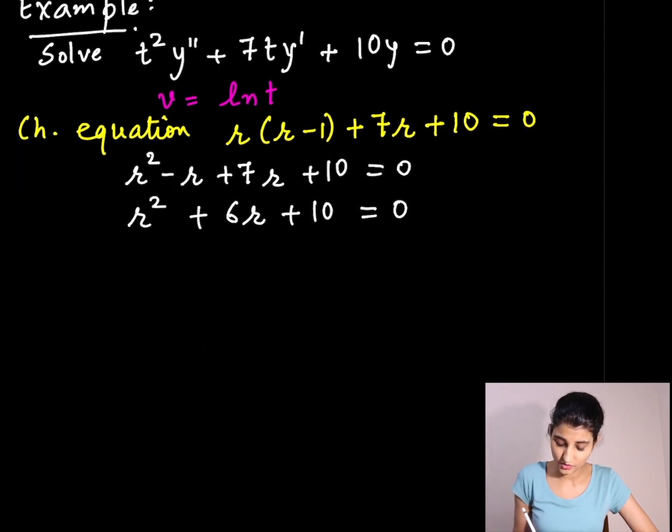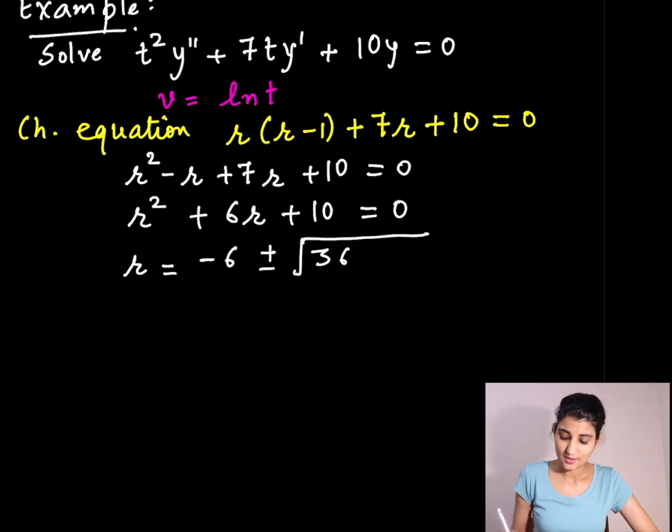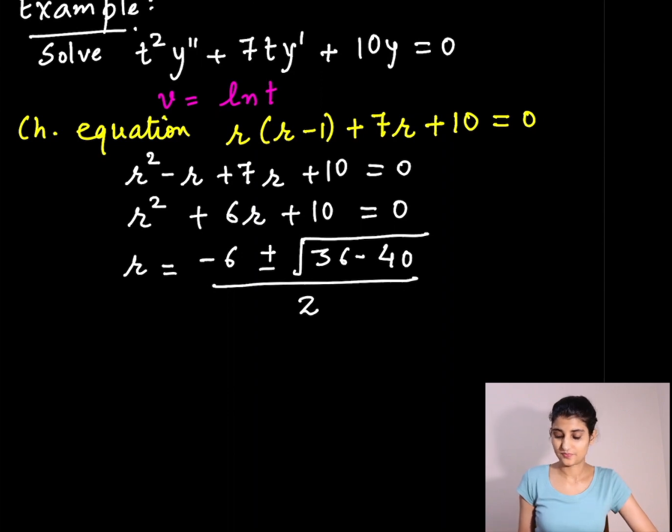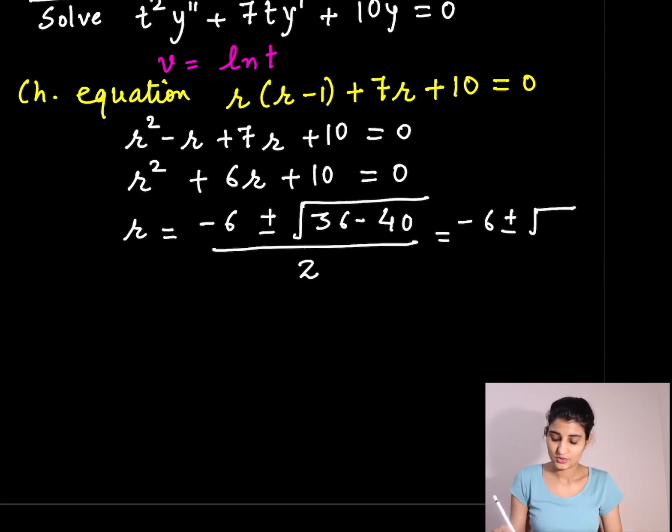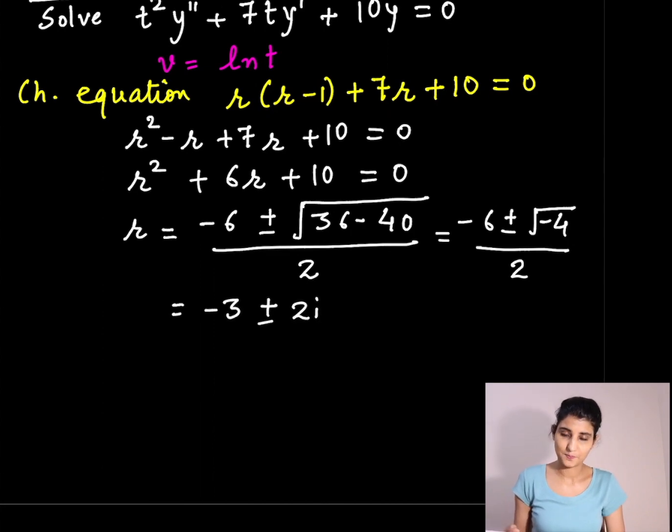Using the quadratic formula, r is equal to minus b plus minus square root of b square minus 4ac, divided by 2a. So we got negative 6 plus minus square root of 36 minus 40, which is negative 4, divided by 2, which gives us negative 3 plus minus i.